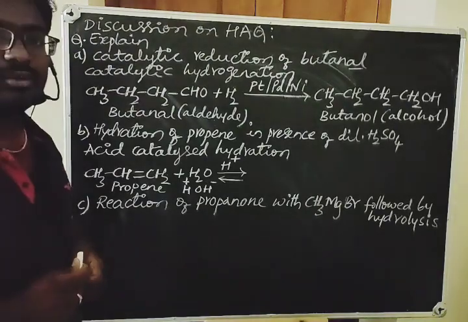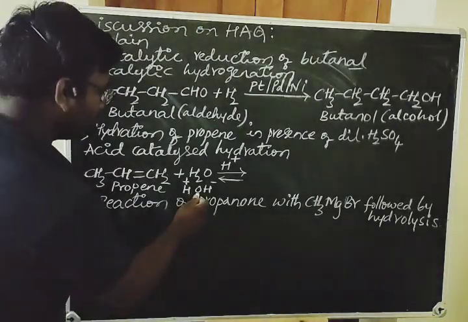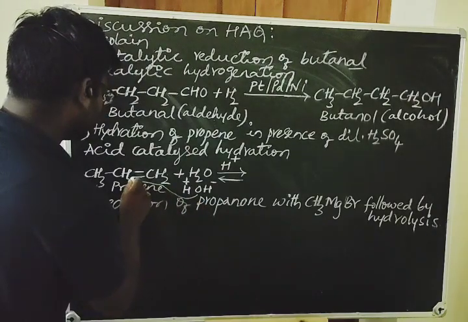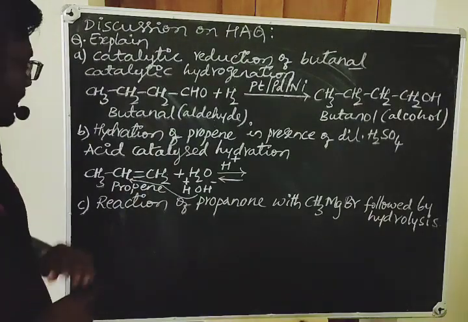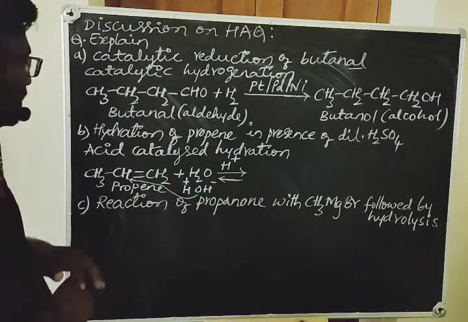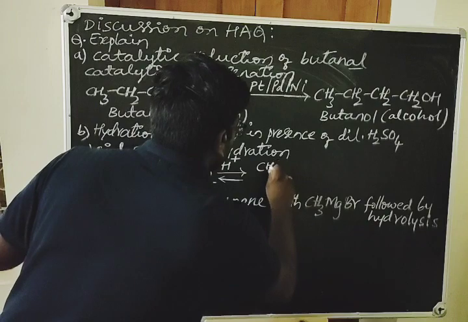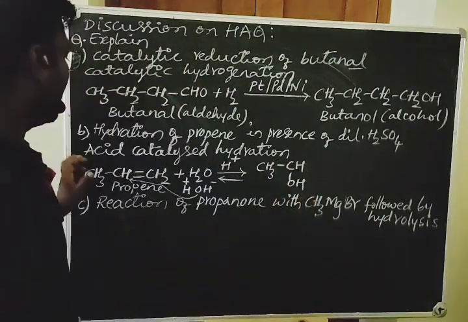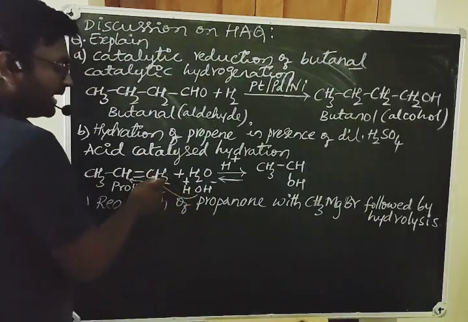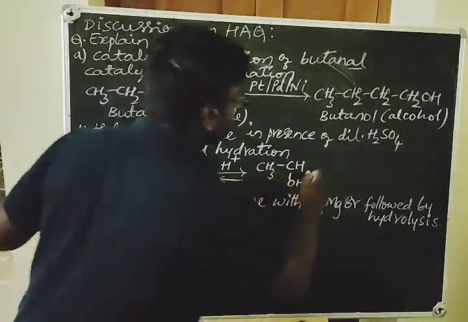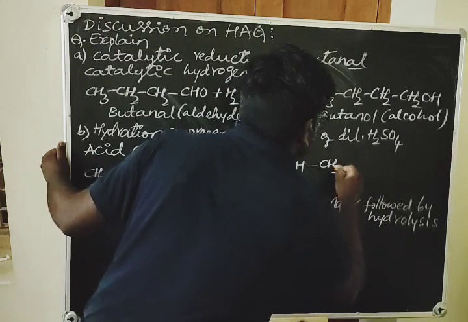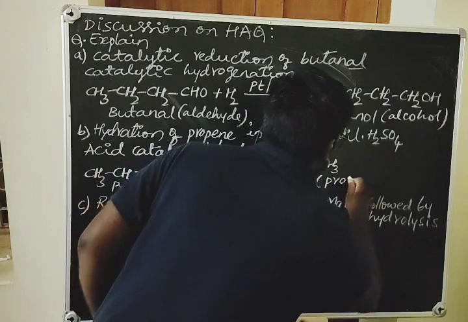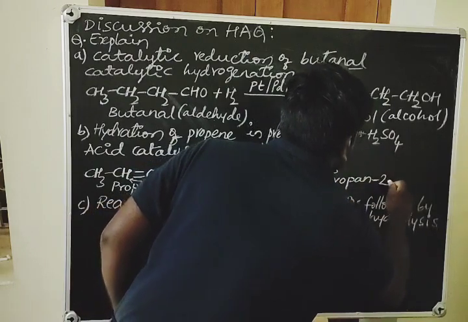According to the Markovnikov rule, the negative part of the addendum gets attached to the doubly bonded carbon with less number of hydrogen atoms. So let's take CH3CH(OH), and the H plus ion will be attacking this CH2 and it becomes a CH3. So this is called propan-2-ol.